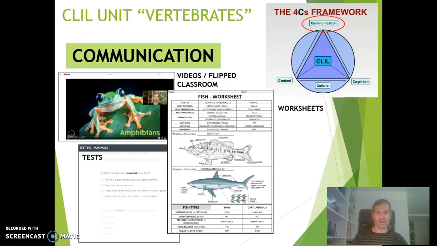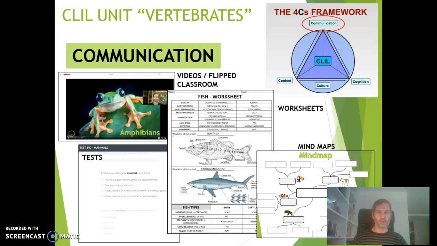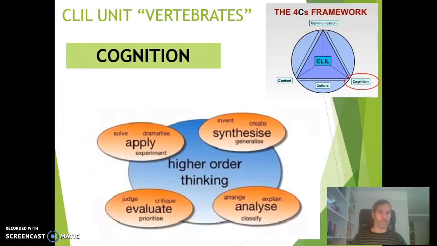In the worksheets, they are going to be communicating, writing, and developing their spelling, because they have to write properly. And we also have the mind maps. All these different tools are going to help communication between them, between me and them, and also activate their different competencies related to communication.